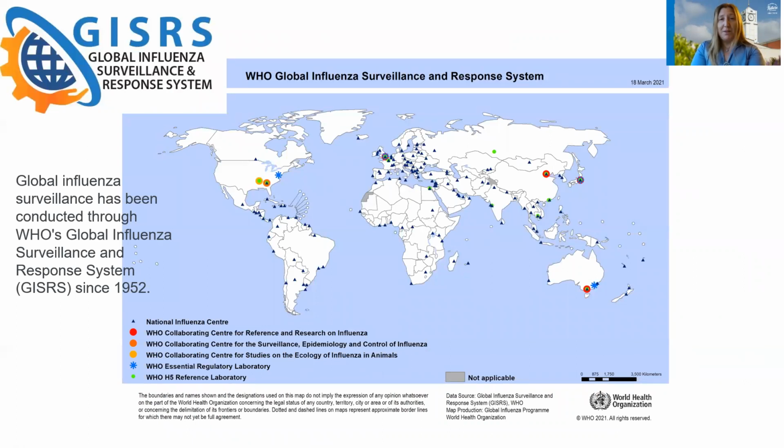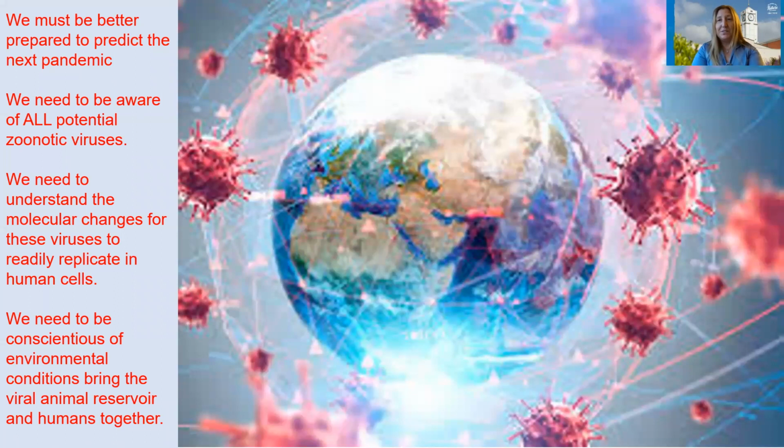So we know a lot about influenza because the World Health Organization has been surveying and responding to influenza at the global scale since 1952. And this is the kind of thing we need to do to be better prepared to both predict the next pandemic and stop the next pandemic from happening.